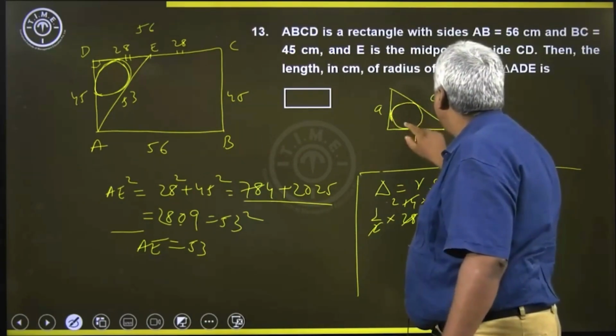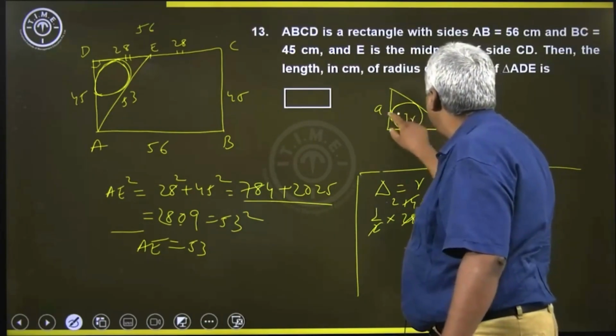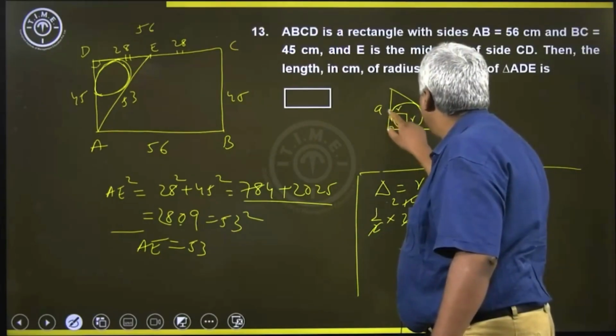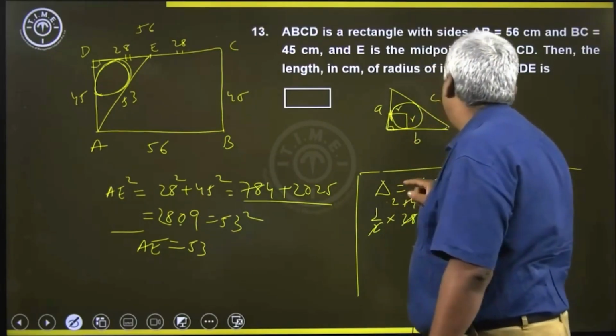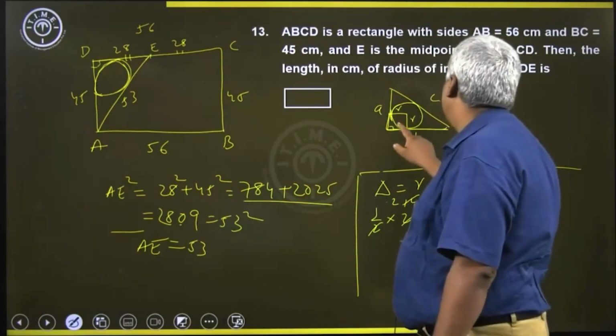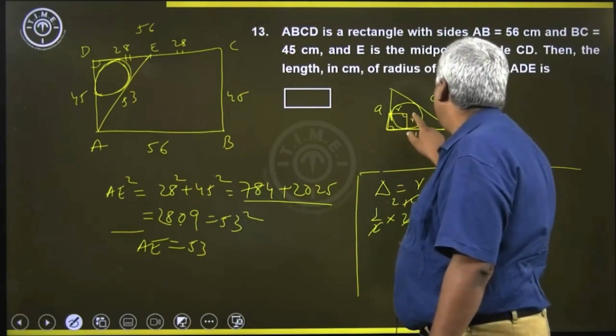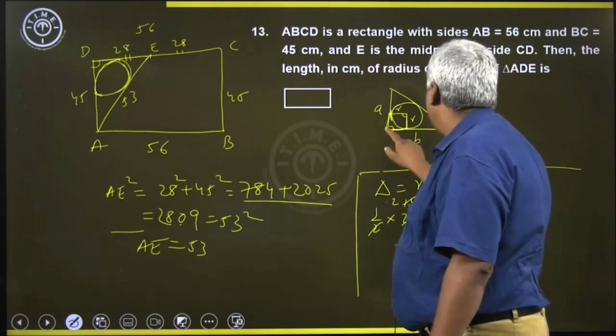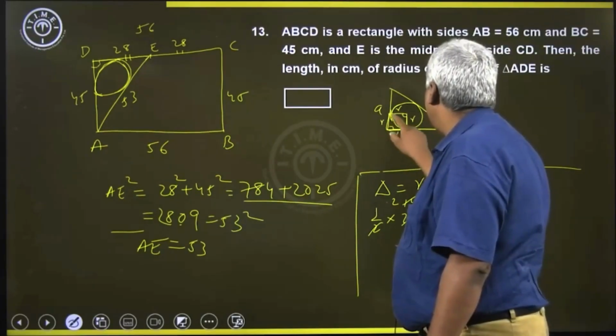Let's say this is the center, this is the radius r, this is also 90, it will be a square, okay? So this will also be r.